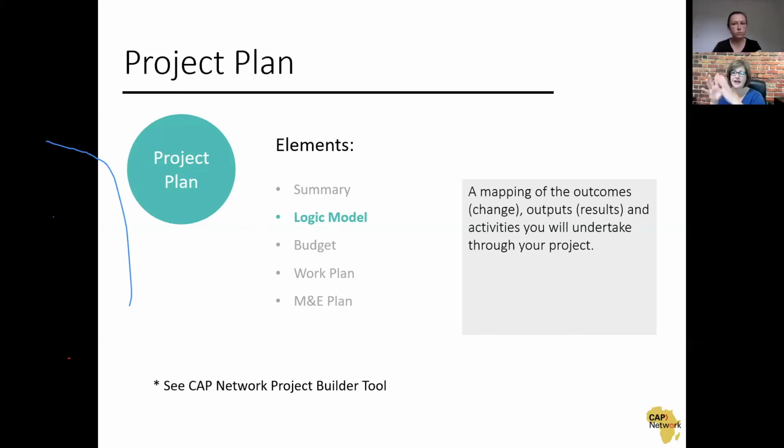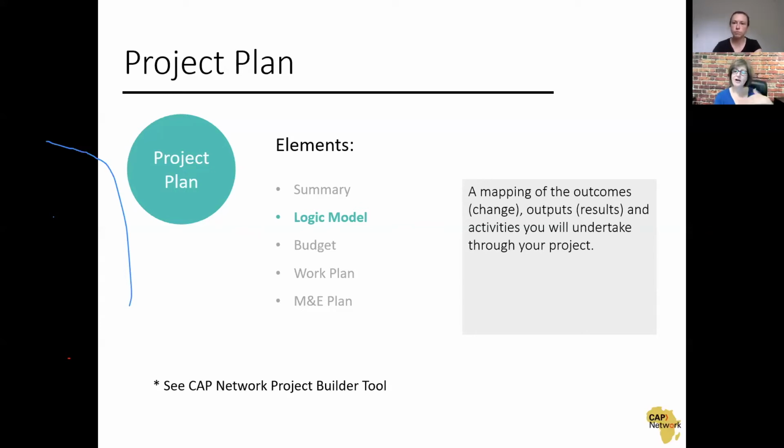So you can't write a theory of change without a results chain or logic model in place first. The additional component of the theory of change is the identification of the assumptions that you're making in your logic model and linking why the pieces of your logic model are related.